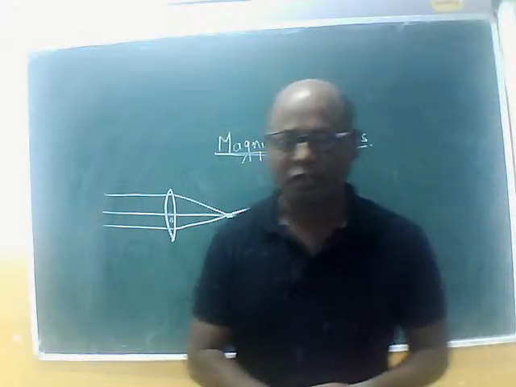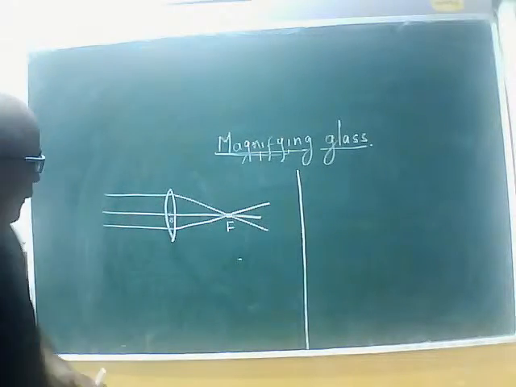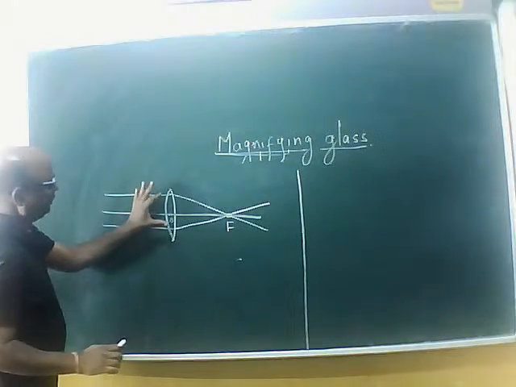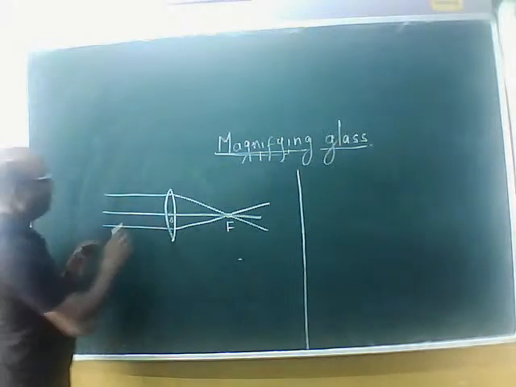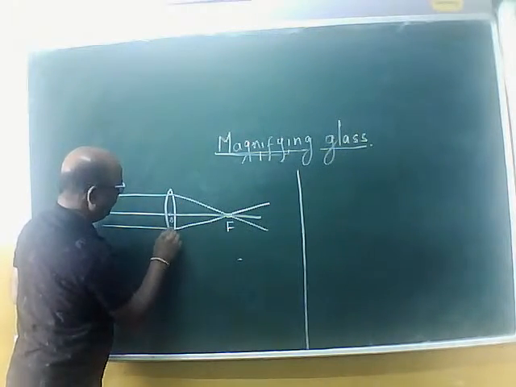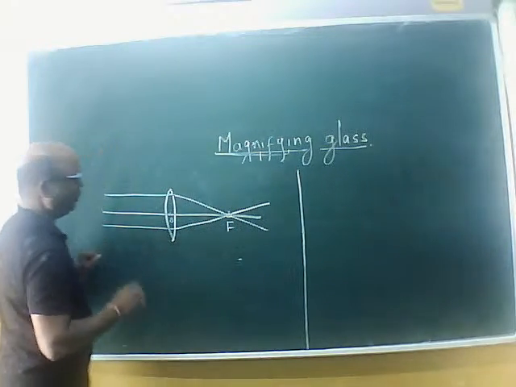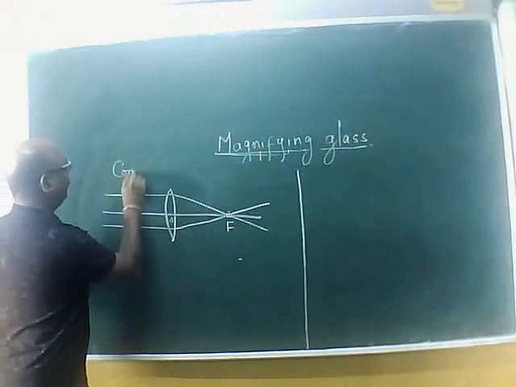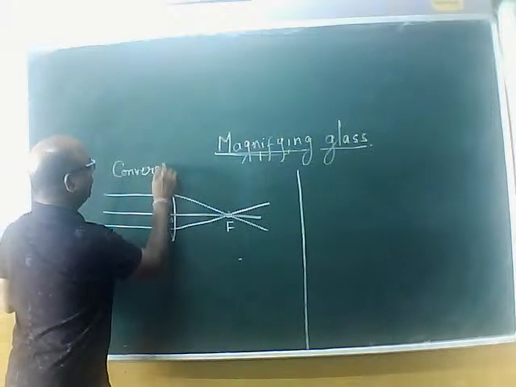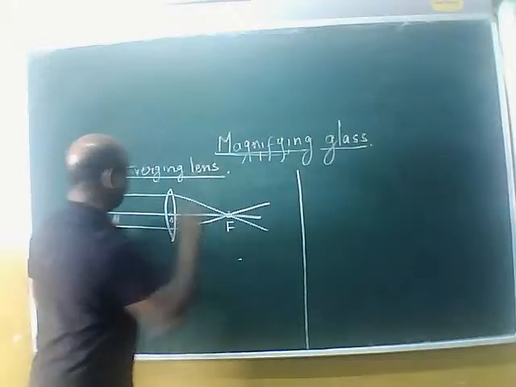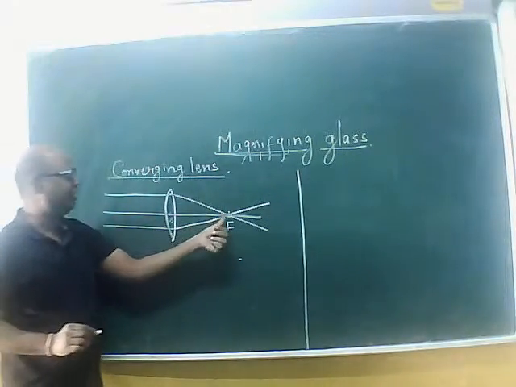The rays coming parallel, after refraction, after bending, when passing through this transparent medium, the convex lens, meet at a point. So the convex lens is also known as a converging lens, because after refraction all the rays meet at the point.